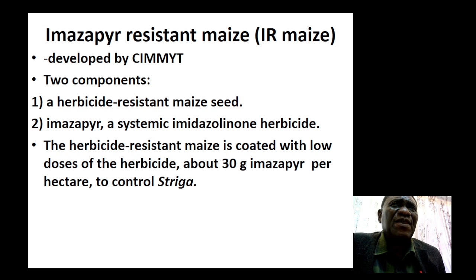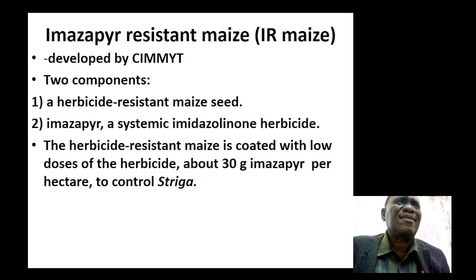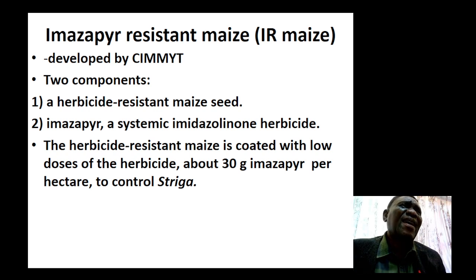Now, one of the most effective ways of suppressing Striga is to use imazapyr-resistant maize, or IRM maize. This maize was developed by CIMMYT. So the control strategy has two components.